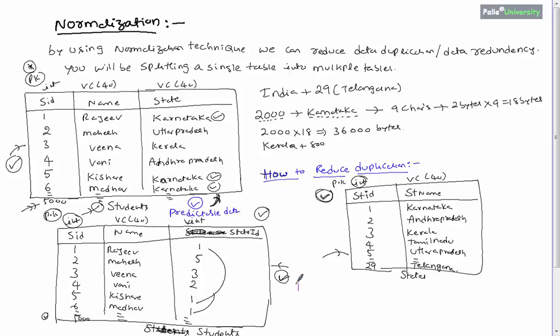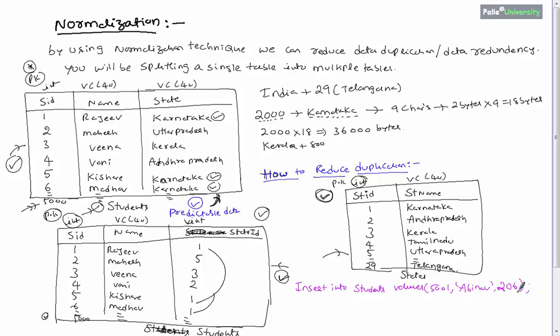Let me write insert into students values, let us say 5001 new student, maybe Abhinav, and let us say the user is passing 206.